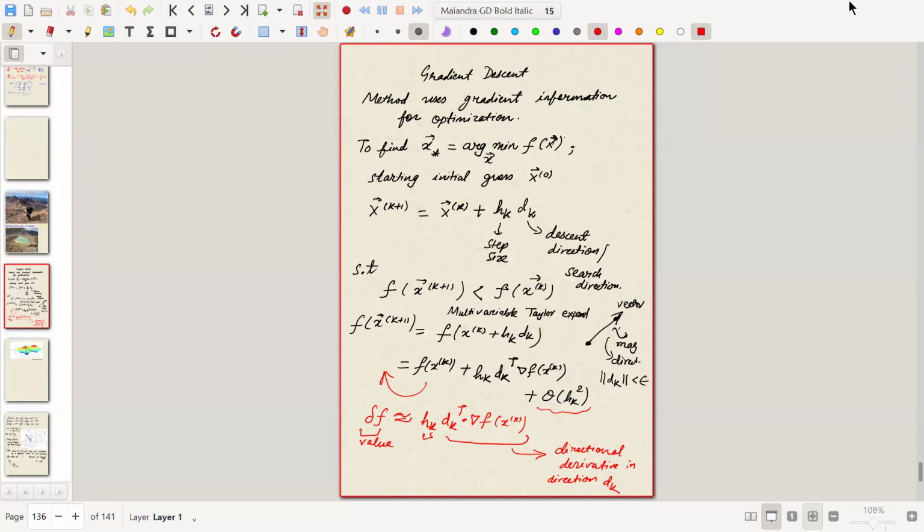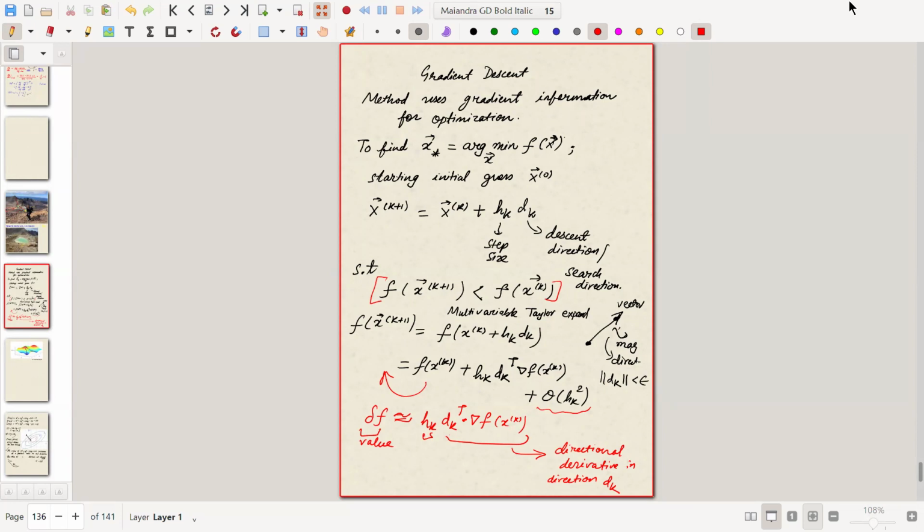Now think about what we want. We want to minimize f. f of xk plus 1 should be less than f of xk if you want your function to get minimized. If this is the case, then what should delta f be? f of xk plus 1 minus f of xk: negative, less than 0.